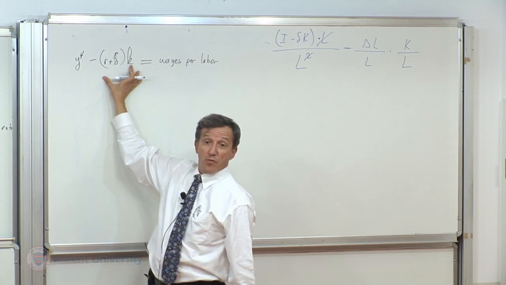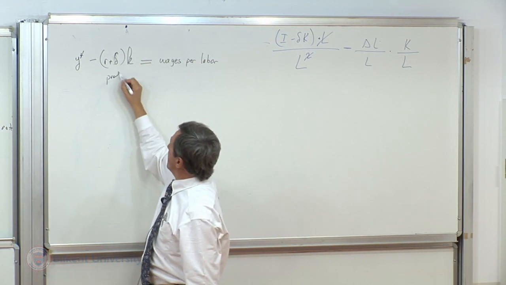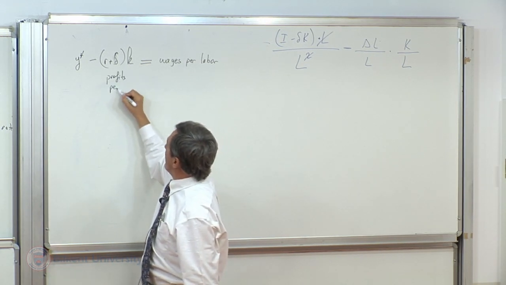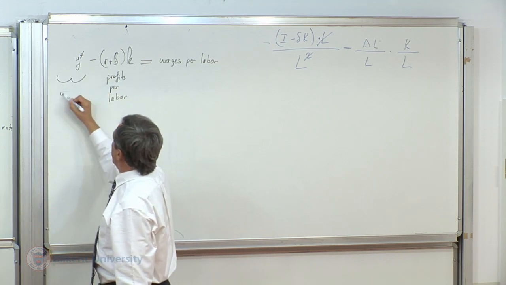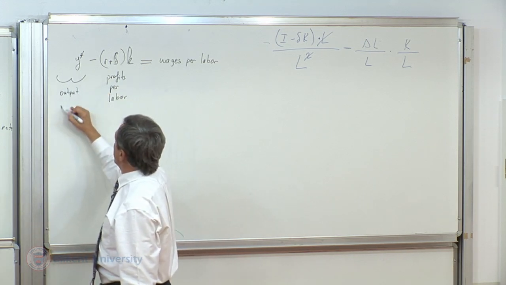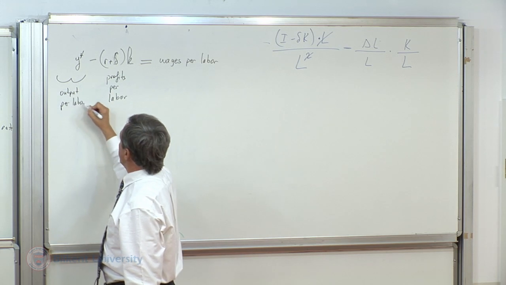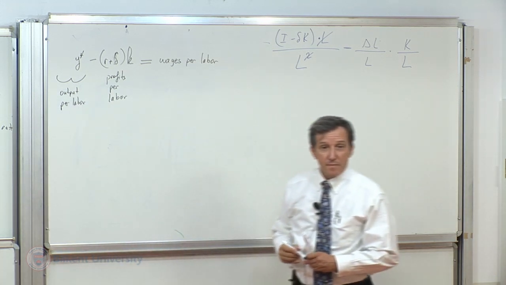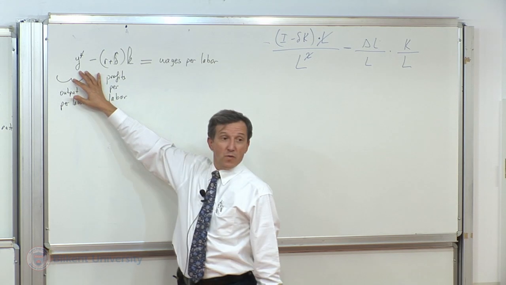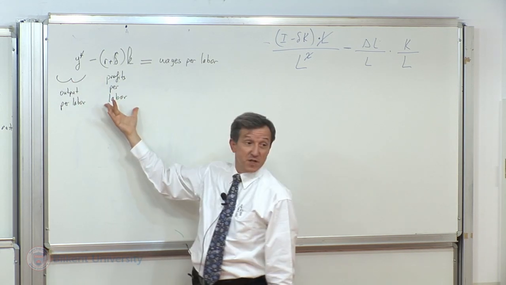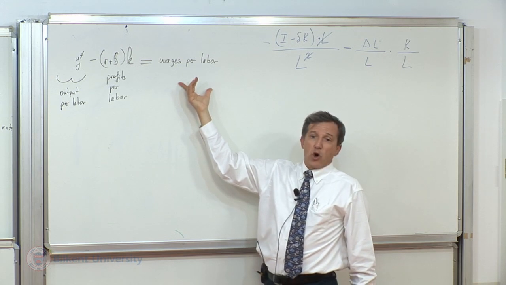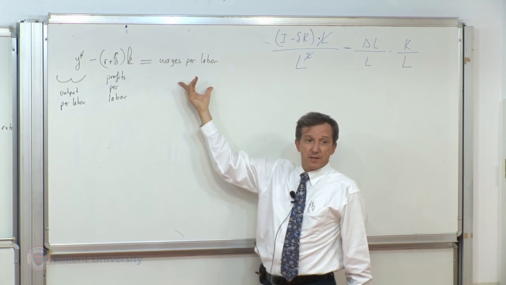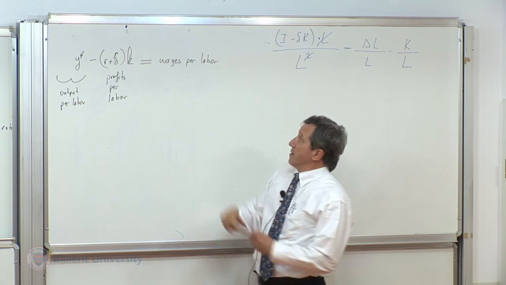This is profits per labor. And this is output per labor, Y, minus profits per labor is equal to cost of labor, wages per worker.